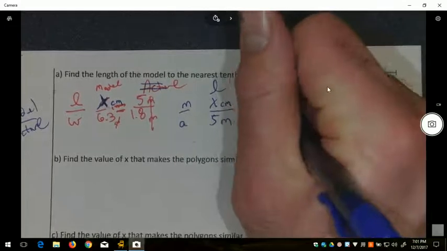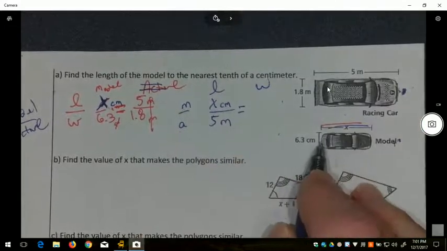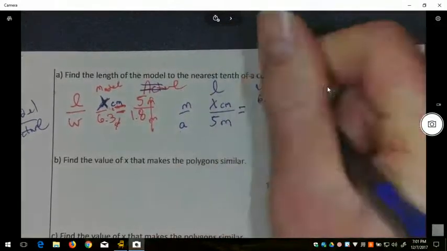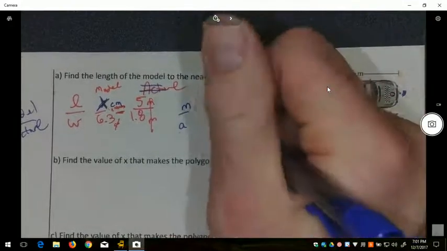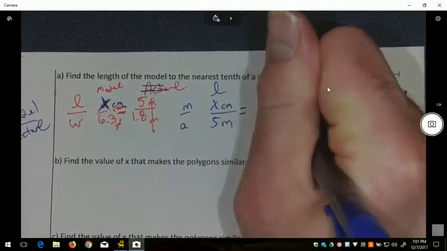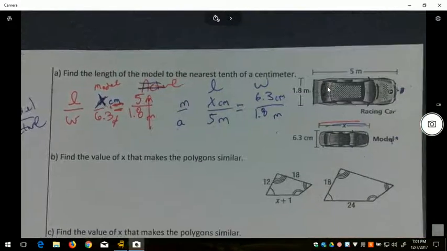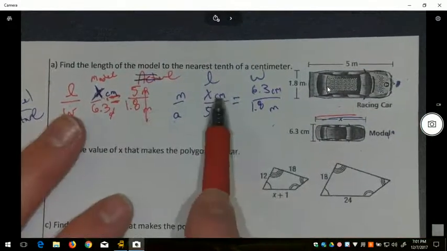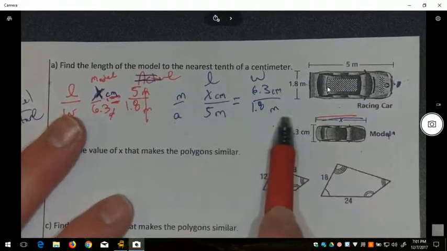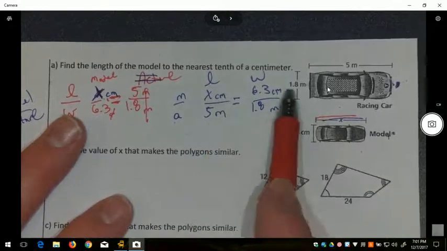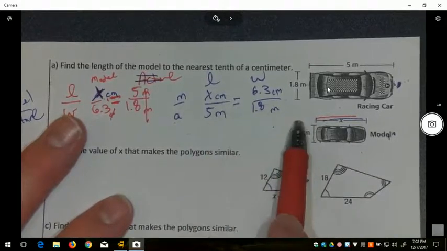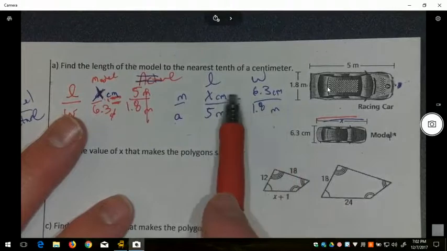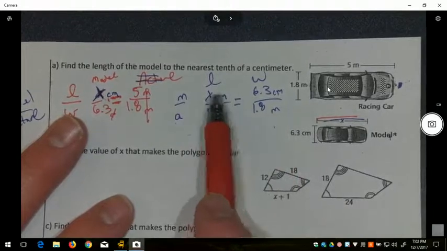Now I'm also going to compare the model to actual of the widths. The width of the model is 6.3. The actual is 1.8. So 6.3 centimeters to 1.8 meters. Now, units here match units here, units here match units here. We're good. Centimeters over meters, centimeters over meters. When we're done and we have solved for x, we'll have our answer in centimeters.